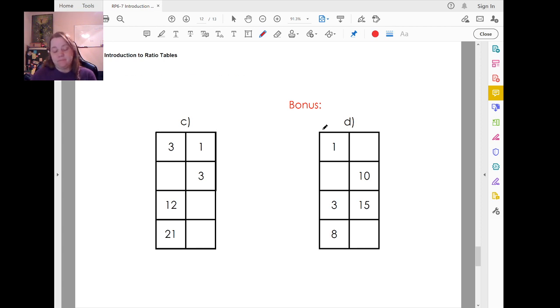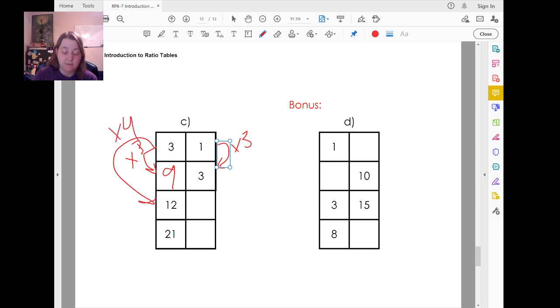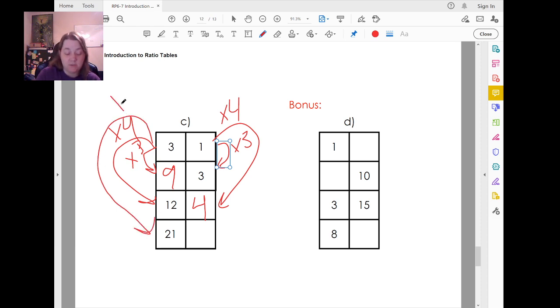Welcome back! So to go from 1 to 3, you multiply by 3, which means over here we multiply by 3, and we get 3 times 3 is 9. To go from 3 to 12, we multiply by 4, so we're going to multiply by 4 over here. 1 times 4 is 4, and then I don't know what to do for this one, so 3 times 7 is 27.